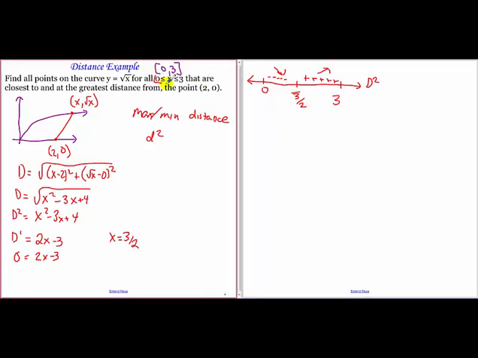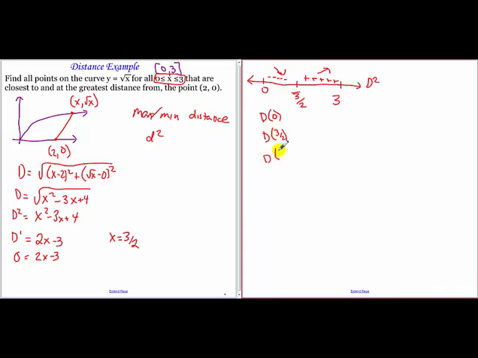And this goes back to the very first section we did, where we're finding the maximum or minimum on a set interval. So what we actually need to do is find our original distance function evaluated at 0, evaluated at our critical point, and evaluated at the other endpoint.